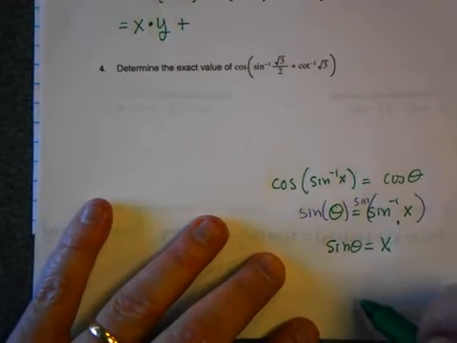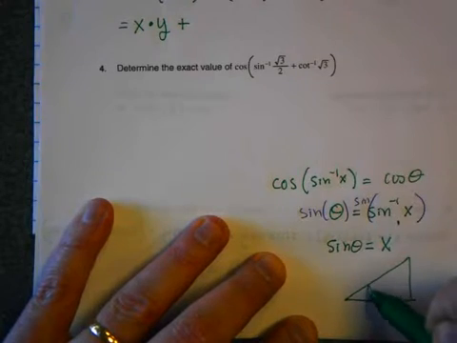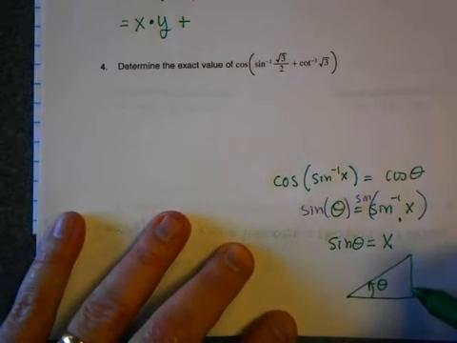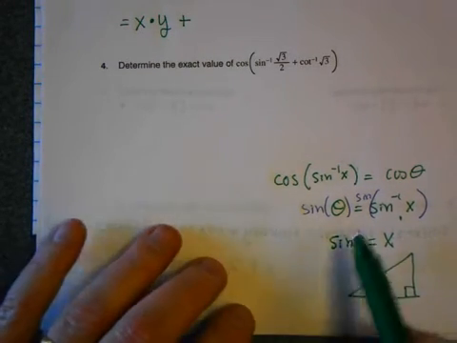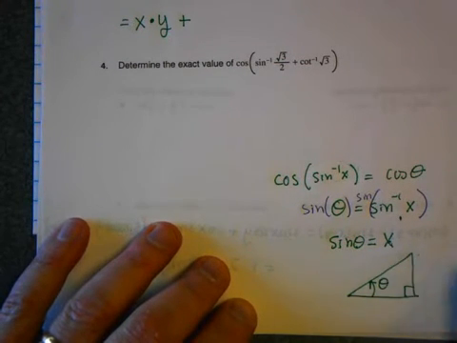What this allows me to do is draw a picture. Here's my angle theta. This is a right triangle. If the sine of theta is x, then how can I label this triangle? What can you tell me about opposite and hypotenuse and adjacent?